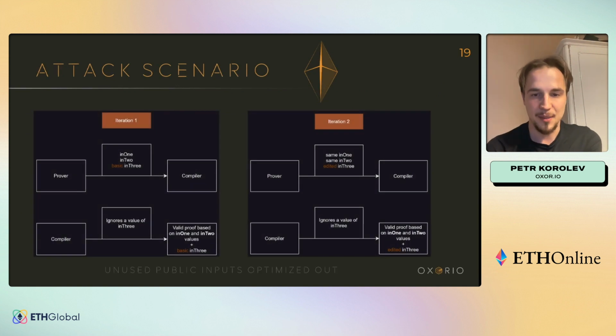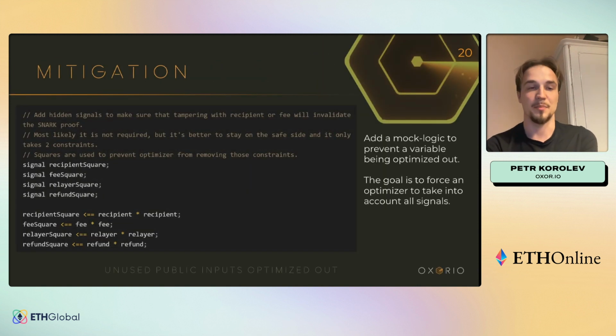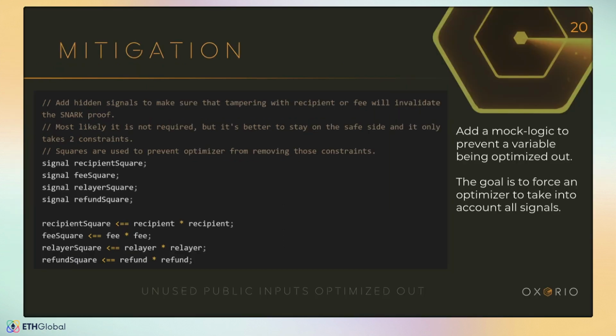For example, the next slide is the attack scenario. In Semaphore, when you use ZK for sending anonymous messages, a malicious person can generate as many proofs as he wants with different kinds of messages, with the same basic inputs.